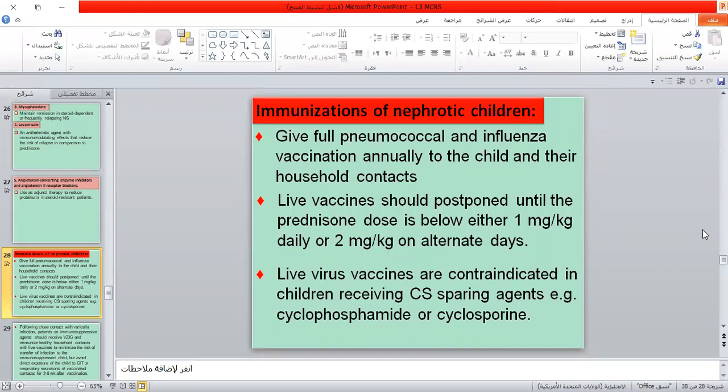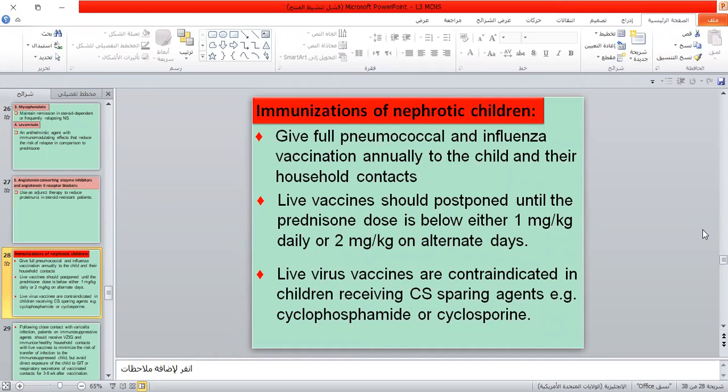We must give full pneumococcal and influenza vaccination annually كل سنة نلقح ضد النيموكوكال وضد السيزونال influenza to the child and their household contact. مو بس يعني الطفل واللي عايشين وياه في البيت. Live vaccine should be postponed until the prednisolone dose is below either 1 mg per kg daily or 2 mg per kg on alternative days.